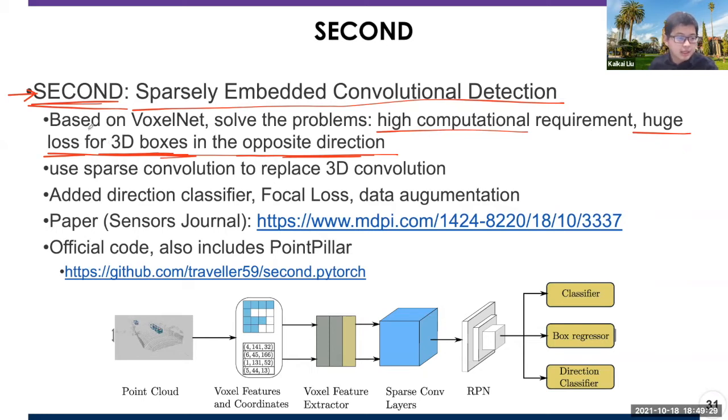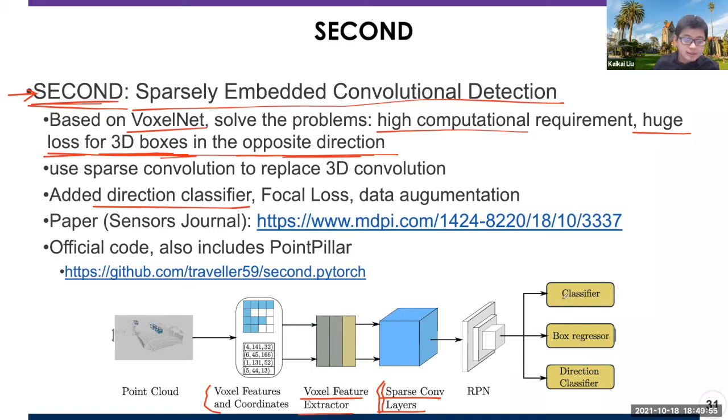So SECOND, in addition to VoxelNet, added a direction classifier. They also learned the voxel features with the voxel feature extractor, but instead of using the 3D operation, they're using a sparse convolution layer. This is a new contribution. And the sparse convolution layer is actually pretty hard to understand.